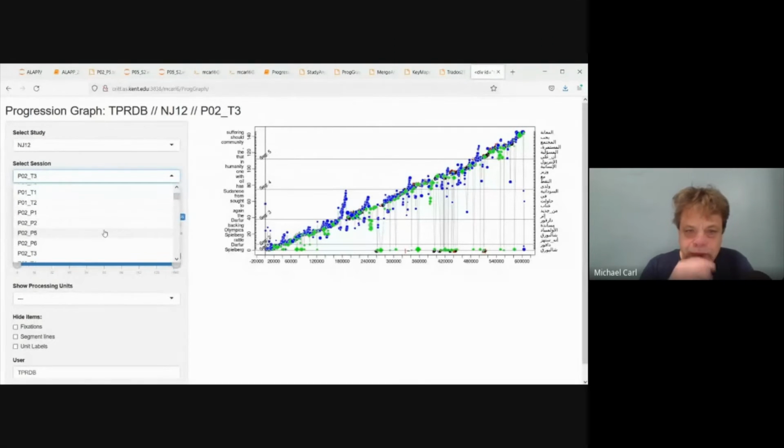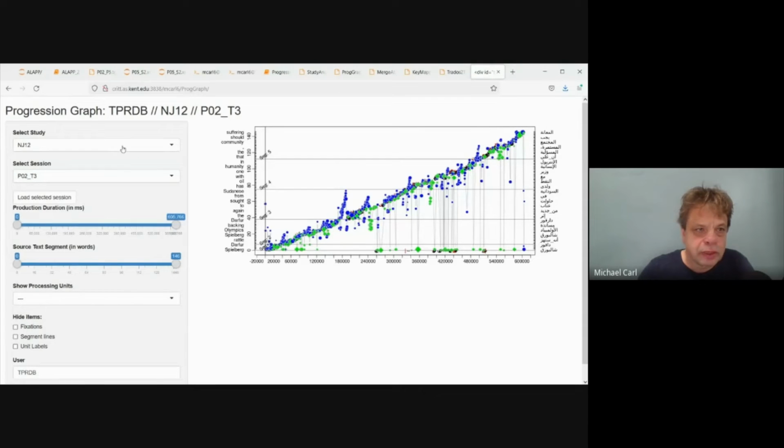A session would have something like maybe 20 minutes or so, and we can choose on this interface a study and a session. By the way, they are documented on the CRIT web page.